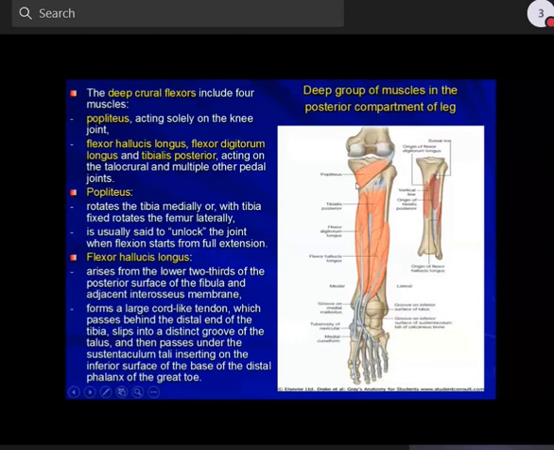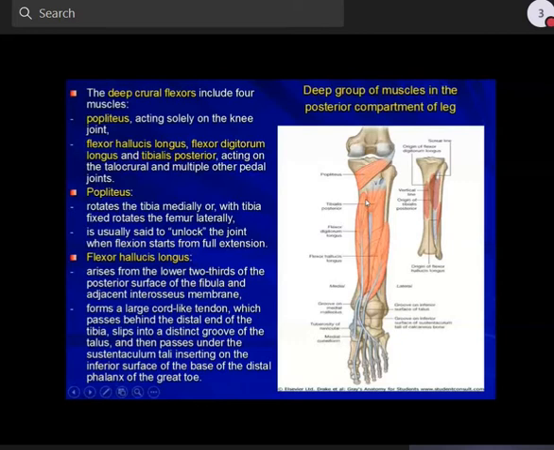The three remaining muscles are very long and reach the foot, its planta, its sole. The medial muscle is called flexor digitorum longus.